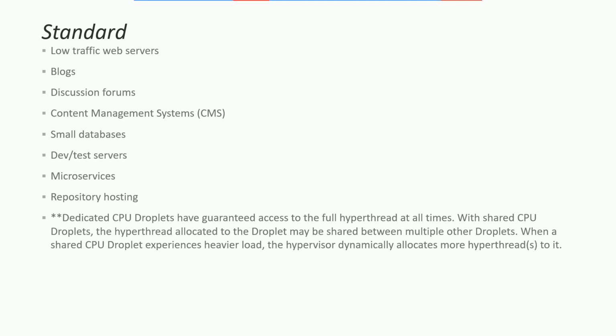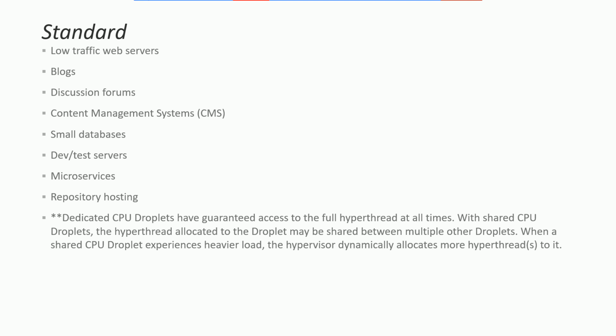So let's say if your server is consuming less processing power, then automatically those hyperthreads will be given to another droplet or VM which is consuming more CPU.